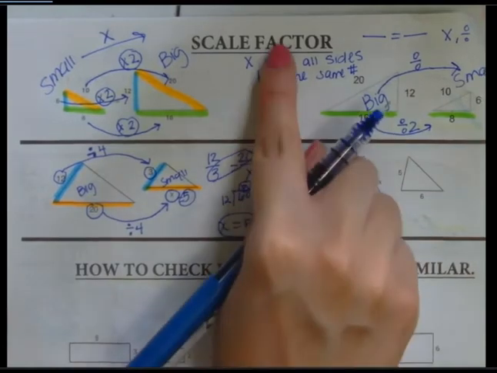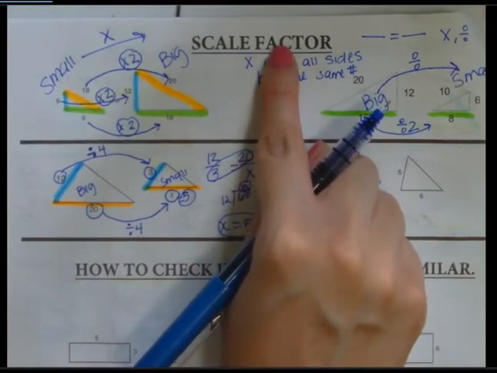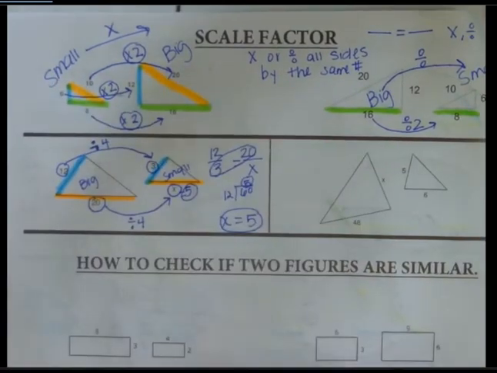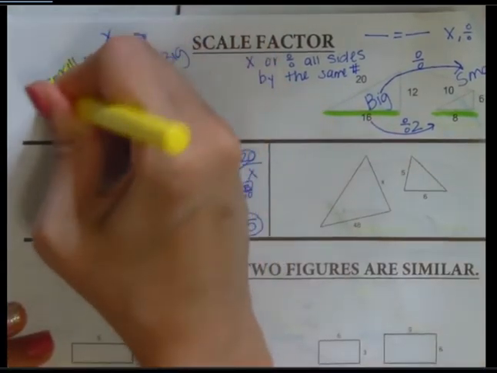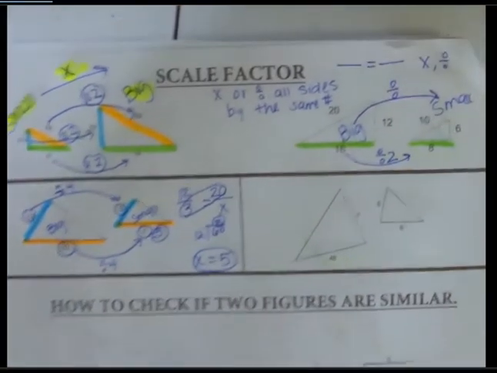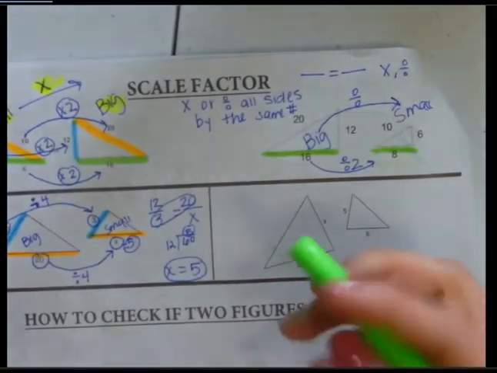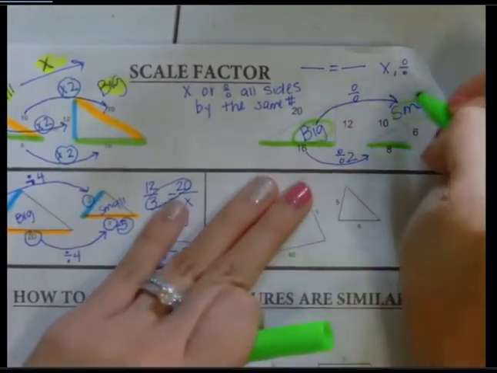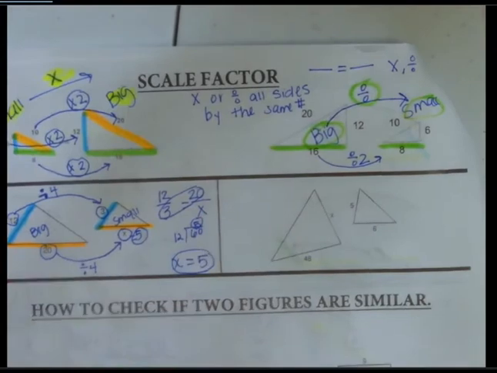So again, the scale factor is a little shortcut that you can use. Remember that from small to big, you multiply. And from big to small, you're going to divide.